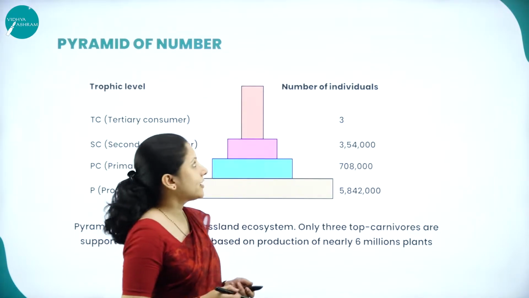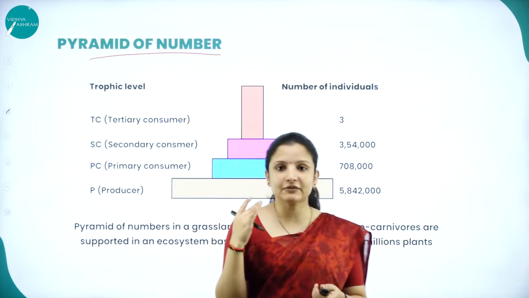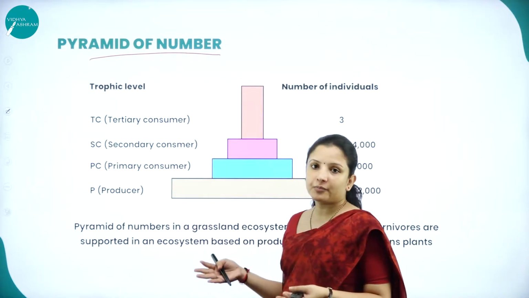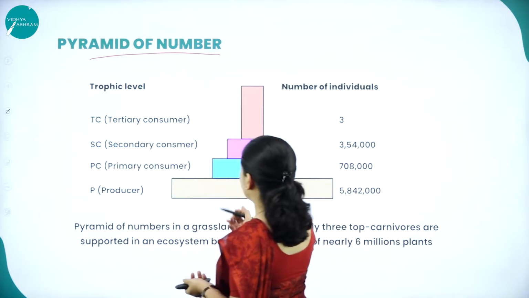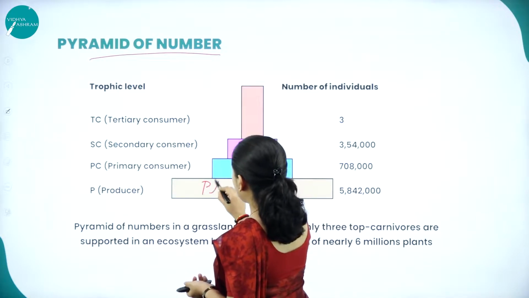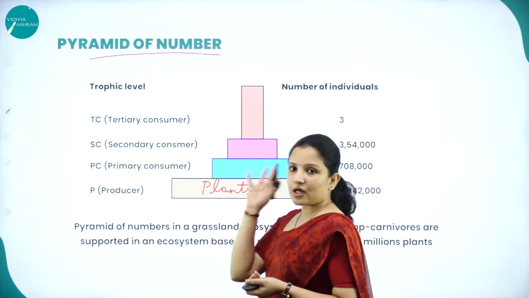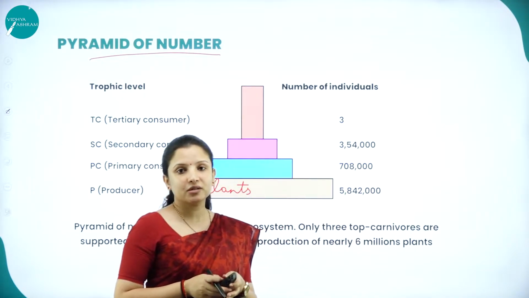So next let's study about the pyramid of number. Here also there are different trophic levels, wherein the lowest trophic level is occupied to a large extent by the producers, which are the plants. So they occupy the first trophic level. And when we say pyramid of numbers, we should know that here the number of individuals is counted.